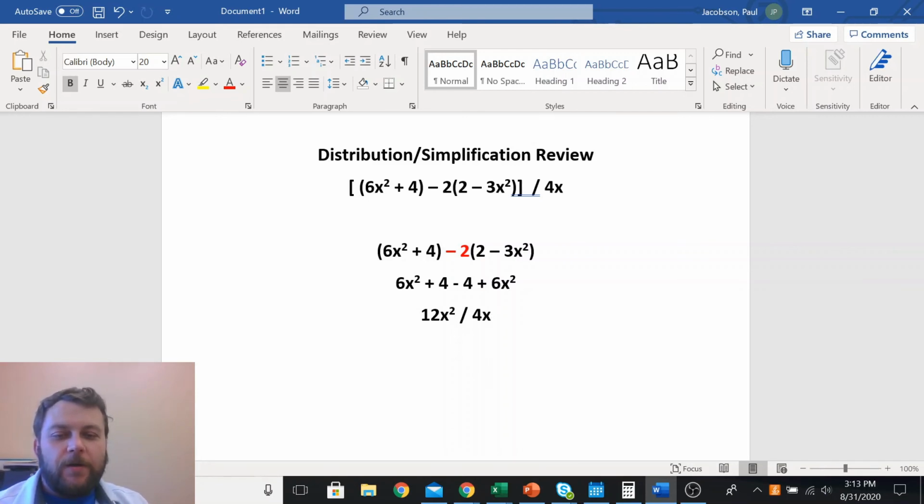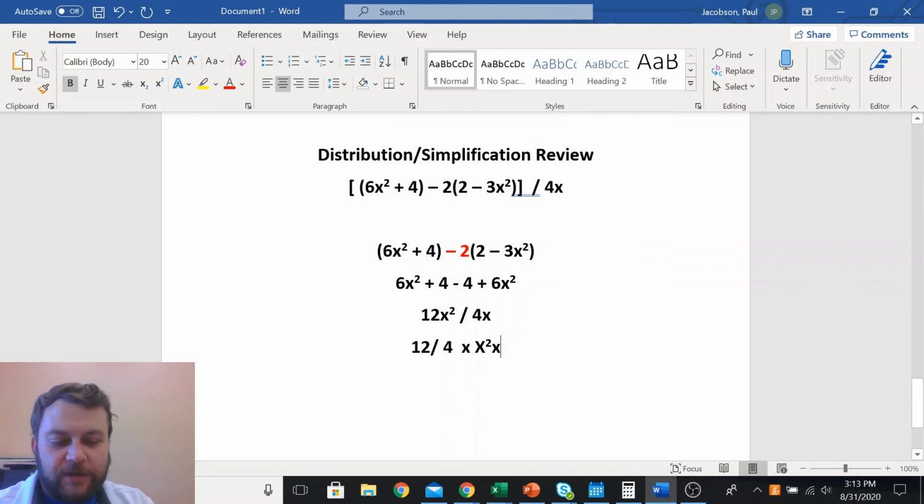Let's split it up into two separate pieces. So we have 12 divided by 4 times x squared divided by x.